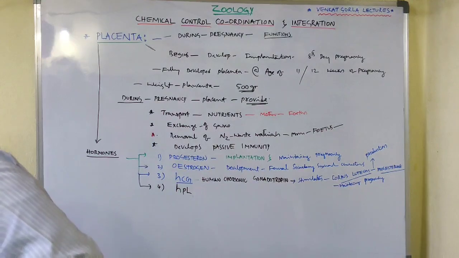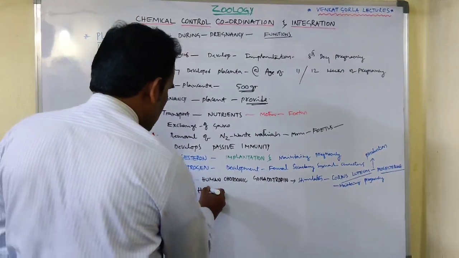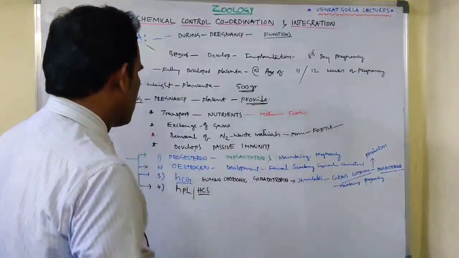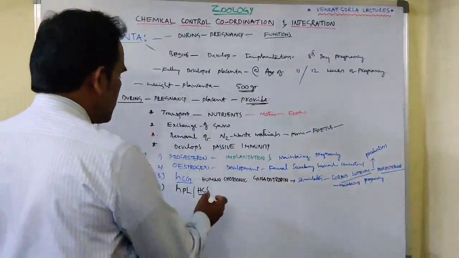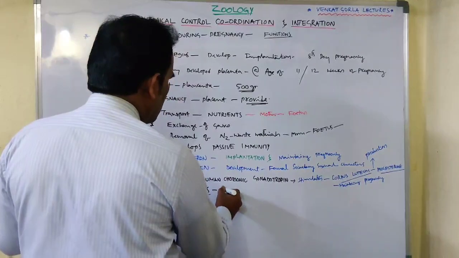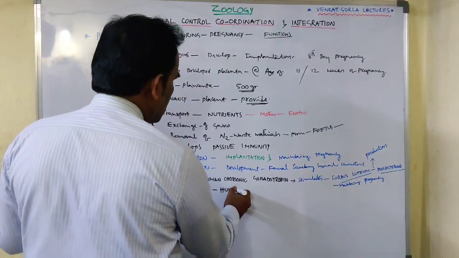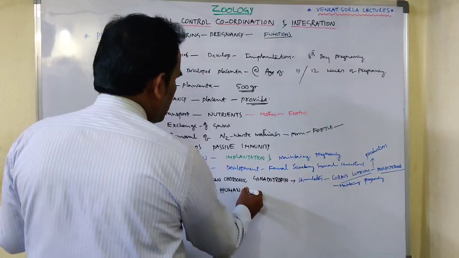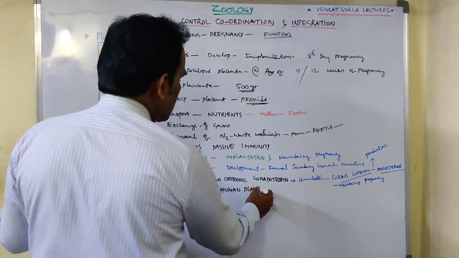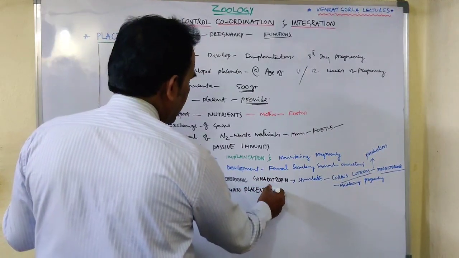HPL. HPL is also known as HCS. It stands for human placental lactogen.